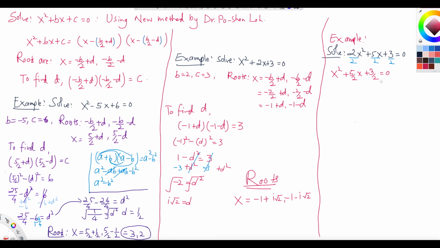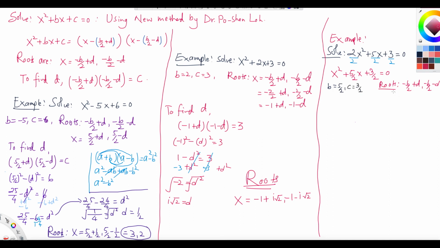What are the roots? Negative b/2 plus d, negative b/2 minus d. So what is b? Let's write down b there. So here b is 5/2, c is 3/2.